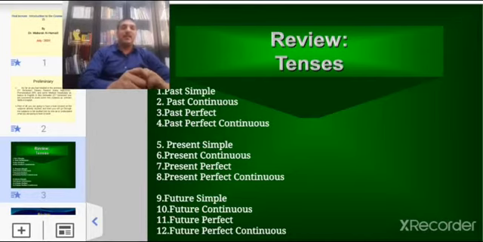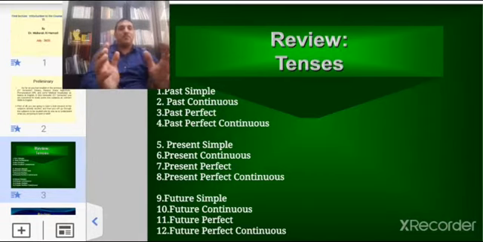Review in tenses. Actually, you have studied tenses: past simple, past continuous, past perfect, present simple, present continuous, present perfect, future simple, future continuous, future perfect. At least these 9 tenses had been studied.